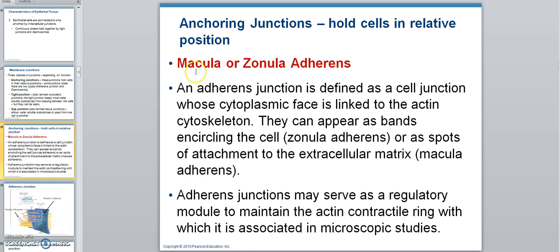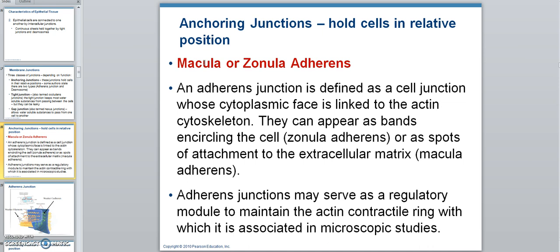A macula zonular. A macula means spot. So this would be like, let's say we took blocks when you were a little kid, blocks, and we put them down, and we wanted to hook one block to another block, a sheet of blocks.